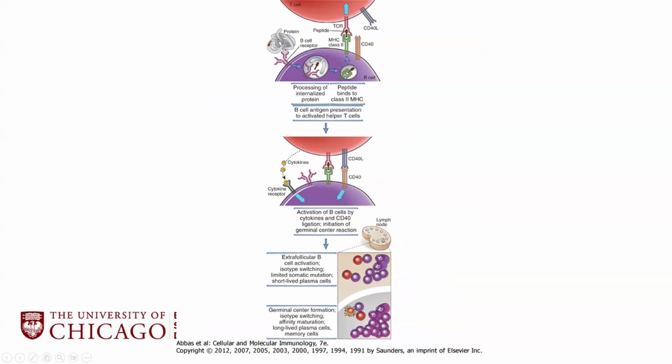So here is a picture of the whole process up close. So you have the antigen, the protein antigen specifically being recognized by the IgM, can engulf, and then it will display it on MHC class 2. And then you get the T cell receptor that is responding to this exact same peptide or has the capability of recognizing the same peptide.